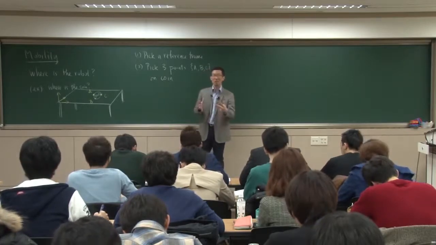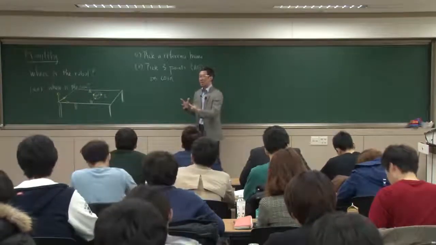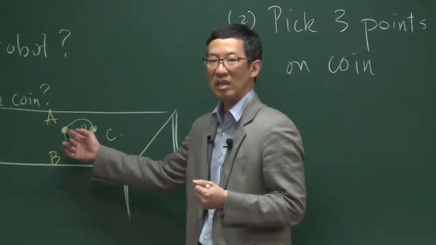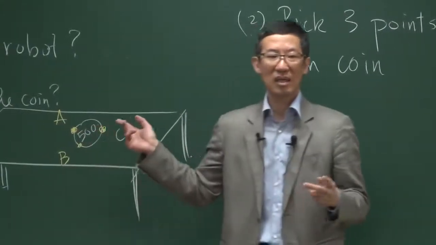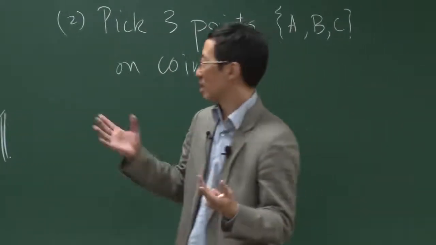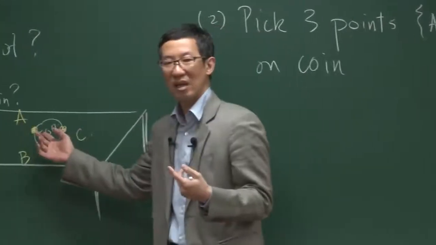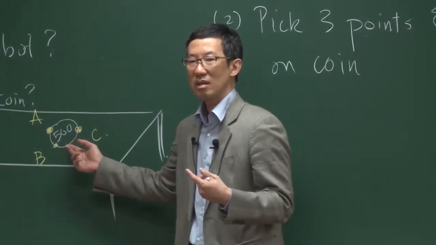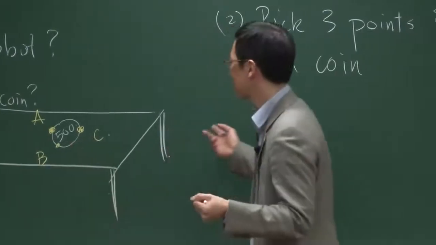Now if I can describe the location of points A, B, and C, then I know the location of the coin. Now you'll see why 1 is clearly not enough. 2 is also not enough. Need 3.